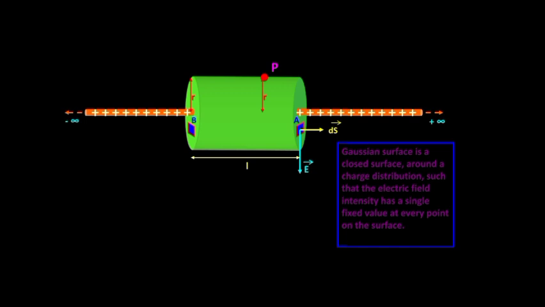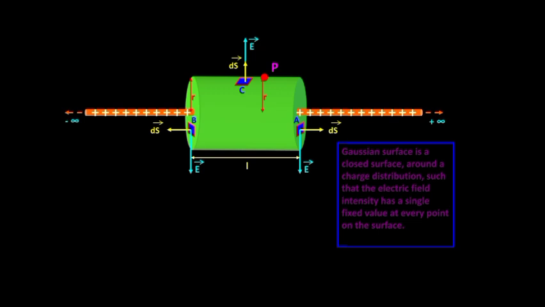Secondly, another surface is B. The area vector direction is this way and the electric field direction is this way. So the angle between them is 90 degrees. Third one, area C on the curved surface. Here the direction of the electric field and the direction of the area vector are the same, so the angle between these two is 0 degrees.